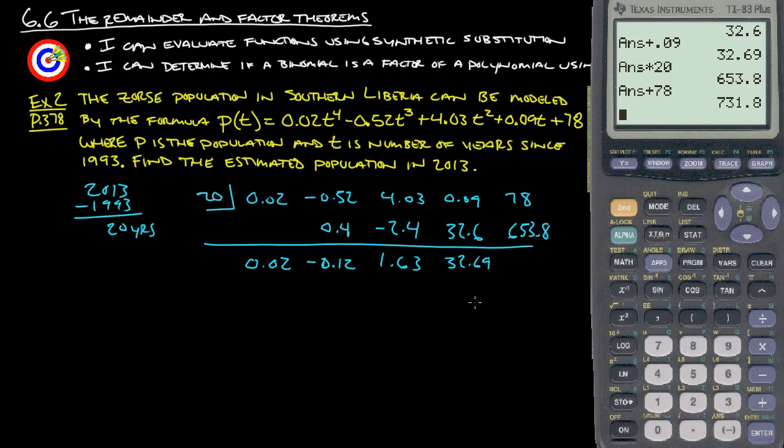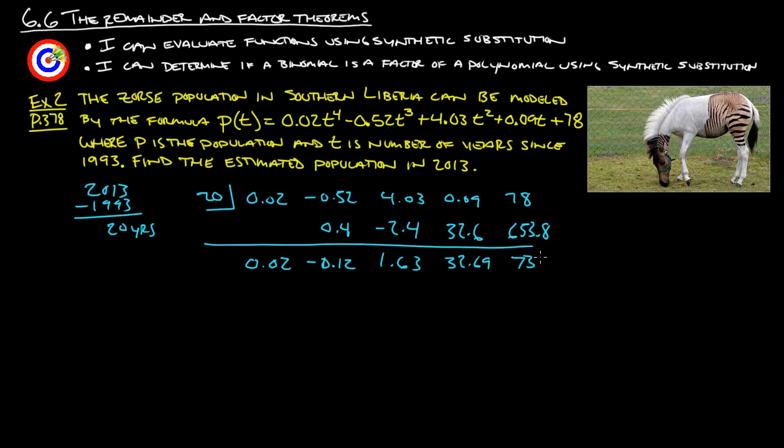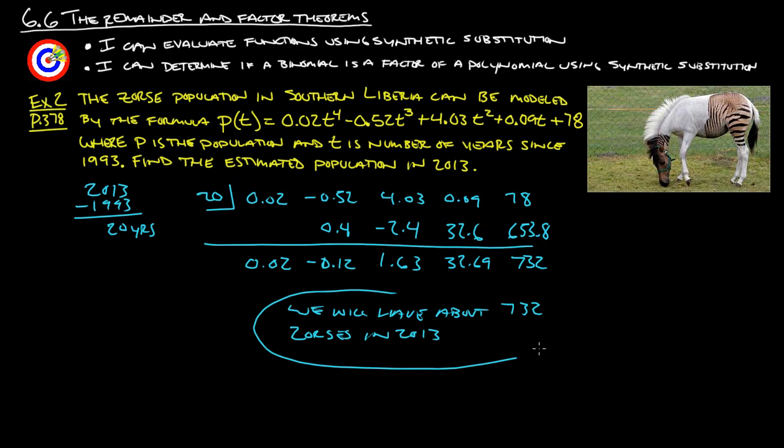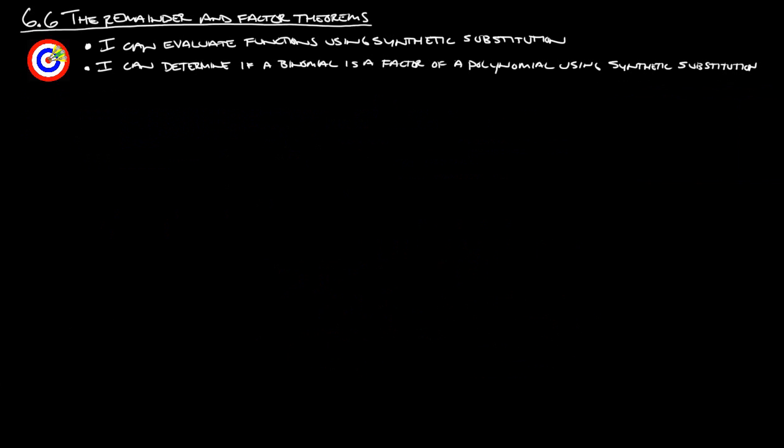And we get 731.8, so let's call it 732. So we will have about 732 Zores in 2013. All right, so that would be our solution to that. Okay, let's take a look at one more example, and then away we go.